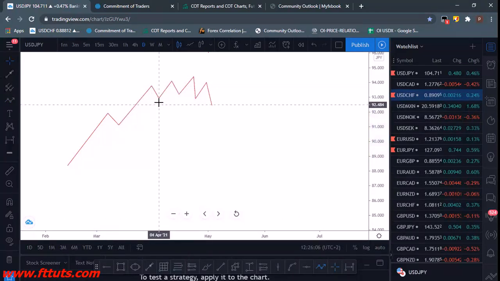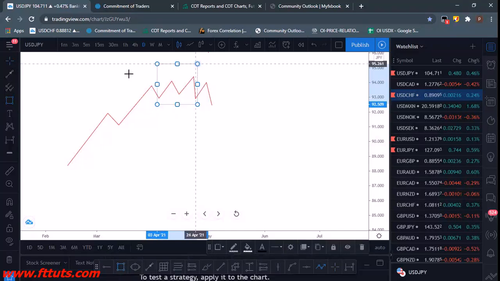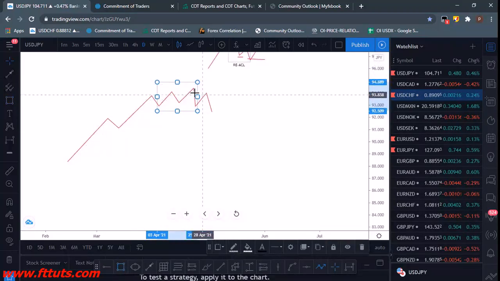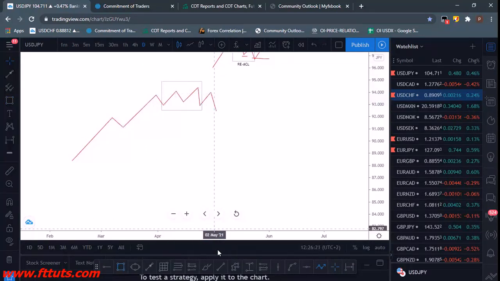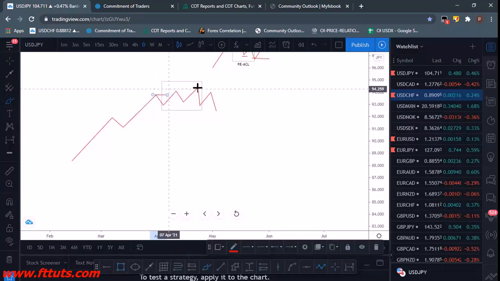So this one is your distribution. Sellers are getting ready here. This one will manipulate highs.